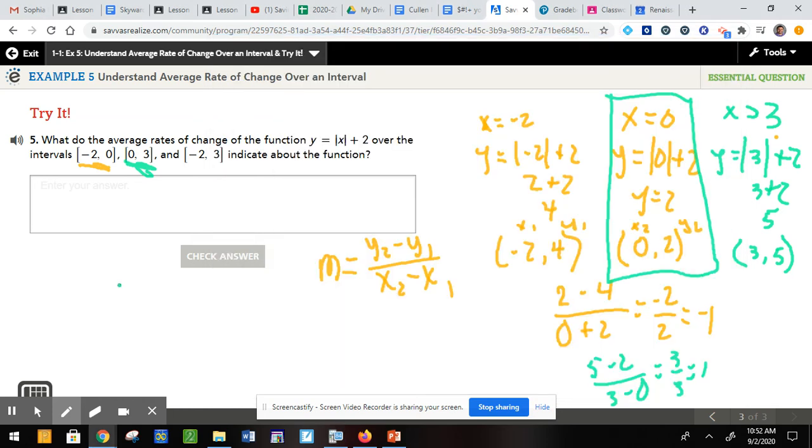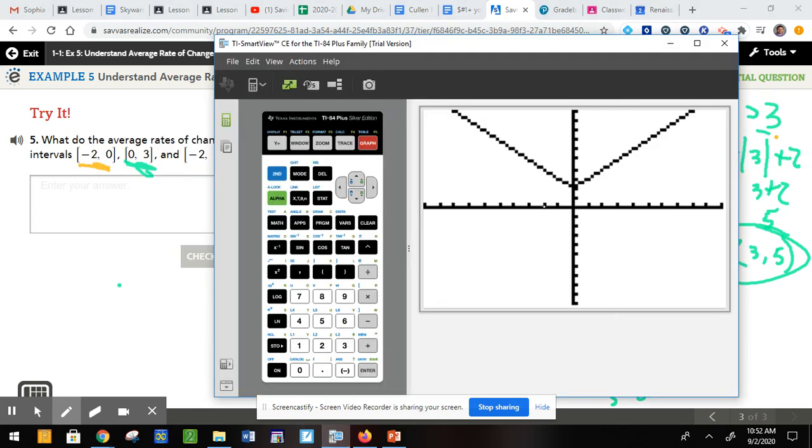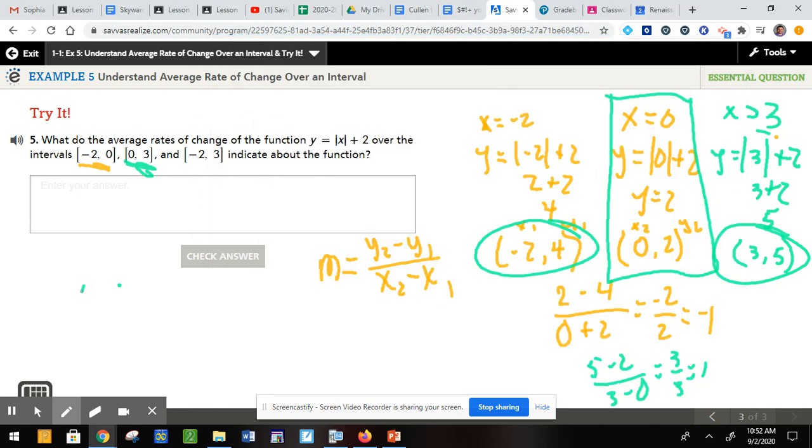If we found the average rate of change between -2 and 3, we'd just be using this ordered pair and this ordered pair, right? An x value of -2 to an x value of 3. It goes down and up, so the average rate of change is actually going to go up slightly from -2 to 3. When I figure out the slope between those 2 points, it'd be 5 minus 4 over 3 minus -2, so 3 plus 2.